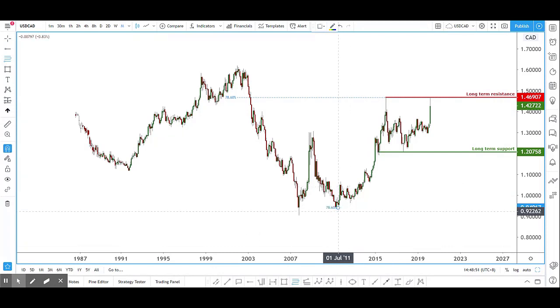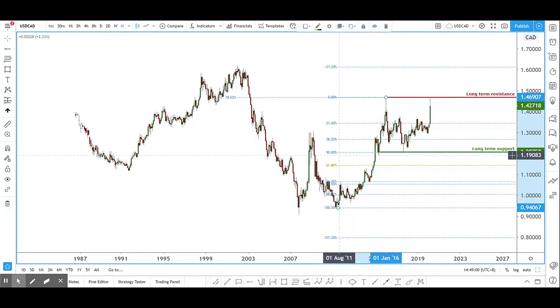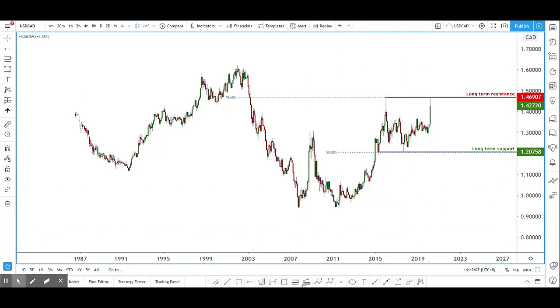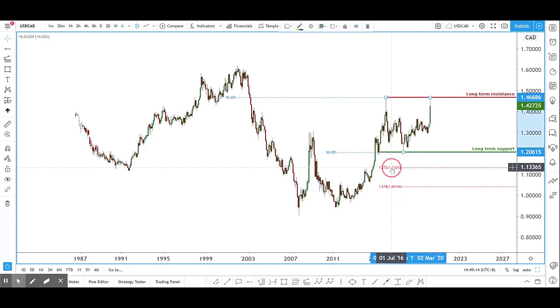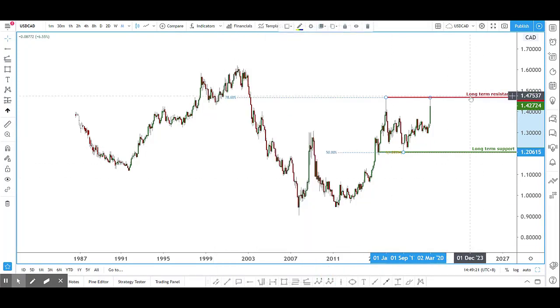So we take a retracement from this swing low all the way to the spike here, and we open up all the Fibonacci ratio levels, and we see that it falls very nicely at the 50% ratio. So we leave the 50 there, and I think we can do an extension, and this will fall nicely at the 100% level. So the 100% is right there. Again, these two levels are very strong resistance and support levels.